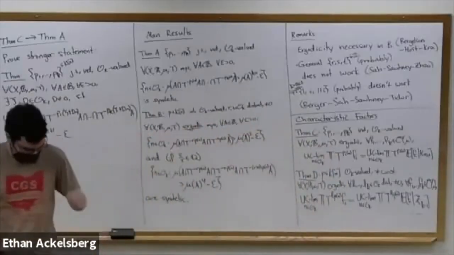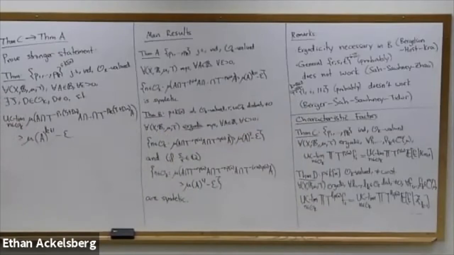Okay, so maybe before I prove this statement, let's see why this implies theorem A. The first thing to realize is we're taking a uniform Cesaro average. I'm not going to prove it, but it's a general fact that if you have some bound for a uniform Cesaro average, then the set of points where you achieve that bound has to be synthetic.